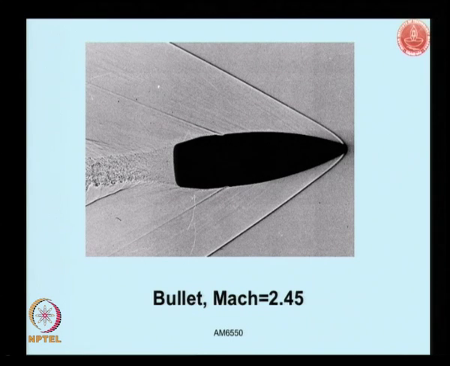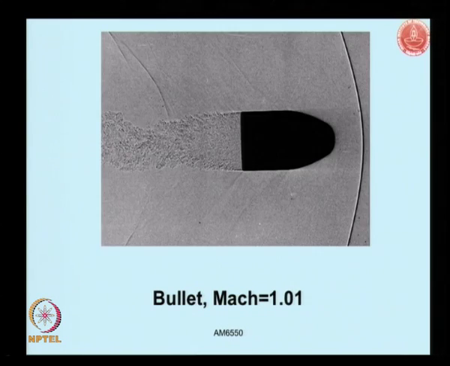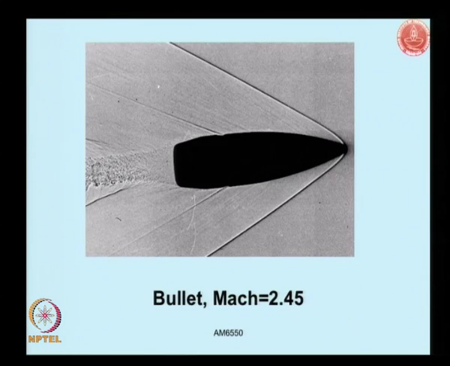So if I may just move back over here, essentially what I am saying is if I have a blunt nosed bullet like that, and I make this slightly less blunt or slightly more pointed, then I would expect that this would become a little more tapered at the edges, and it would get a little closer to this bullet, right. Till I get a shape something like that, and then it attaches itself to the body itself.